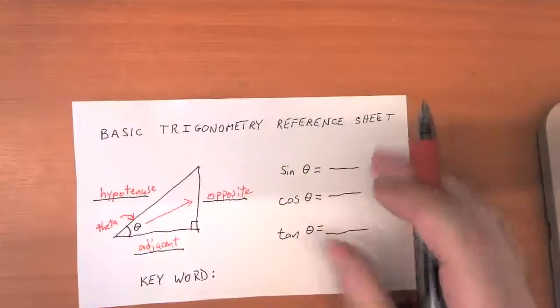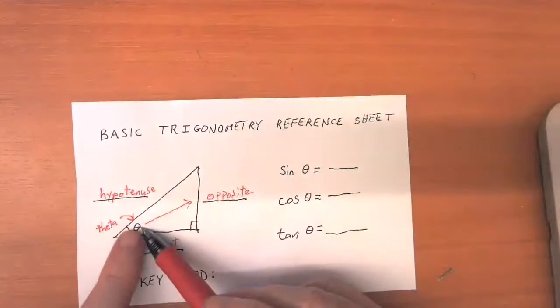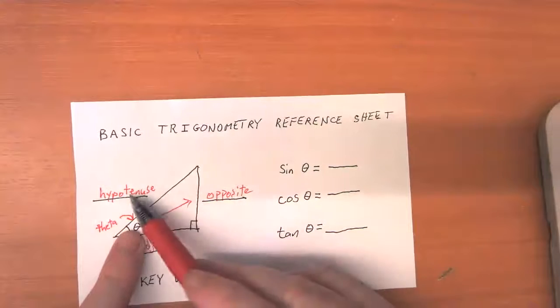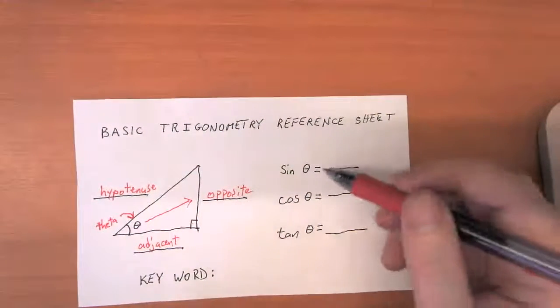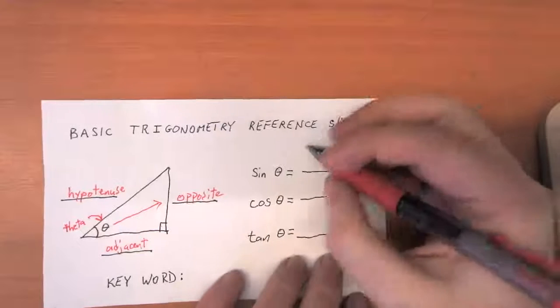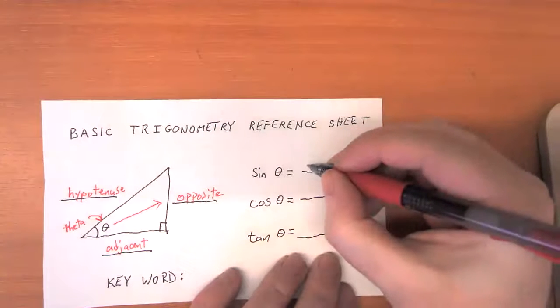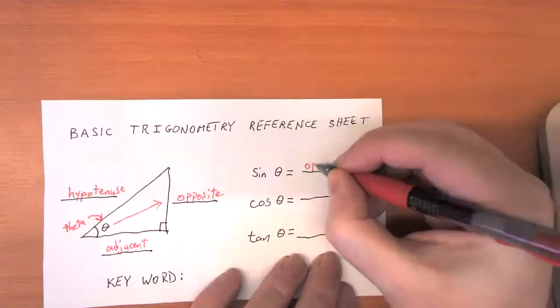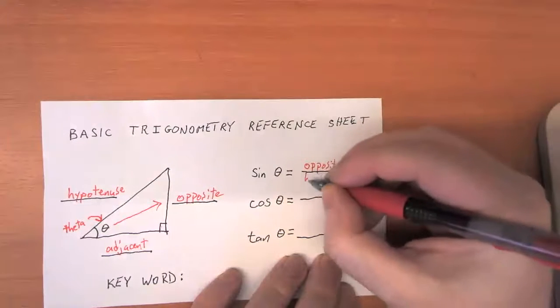So we've got the adjacent side, the opposite leg on the other side, and then the longest side, as always, is the hypotenuse. And once we've decided on the names of these three sides, we can talk about the ratios of different sides of this triangle, and we're going to name those with trig functions. Okay, so these are the primary trig functions. We have the sine, which is the ratio of the opposite leg to the hypotenuse.